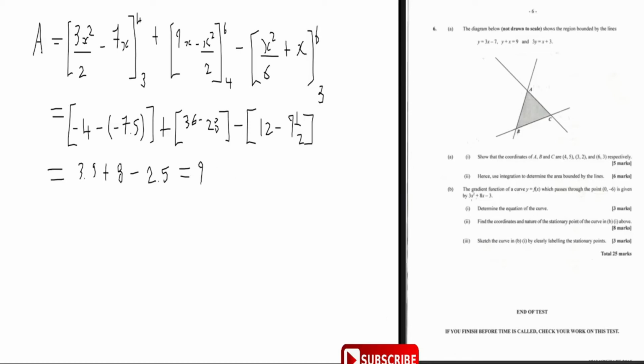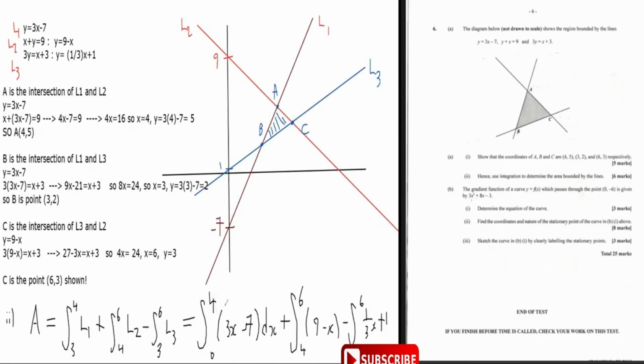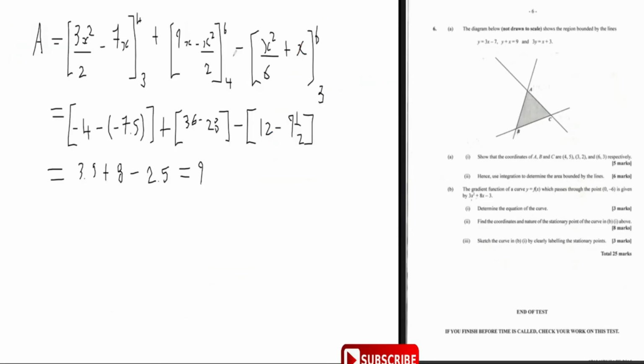Now, anytime you get an answer, you just want to check to make sure you are integrating properly. 3x squared over 2 minus 7x, 9x minus x squared over 2, x squared over 6 plus x. So all of these are integrated properly.